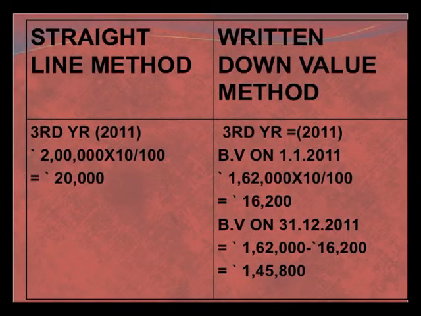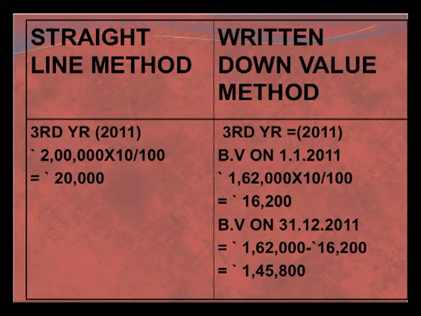In the third and last year, we have assumed we are again charging depreciation at the rate of 10% on a constant basis under the straight line method at rupees 20,000. But under the written down value method, we are calculating the depreciation on the book value, which was the closing of the previous year, on 1,62,000 at the rate of 10%. It comes to rupees 16,200.